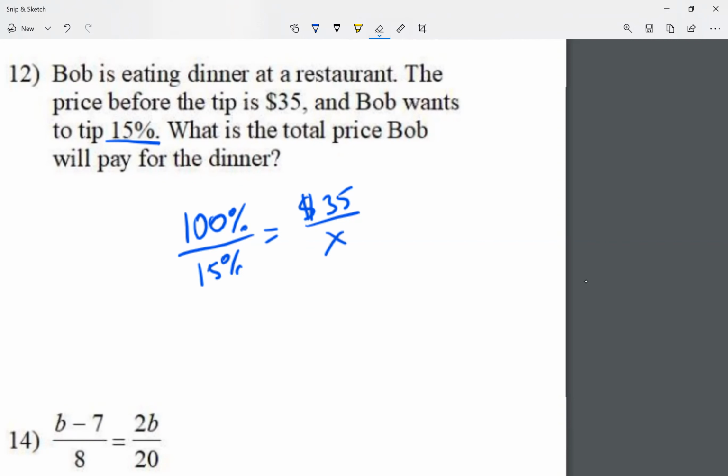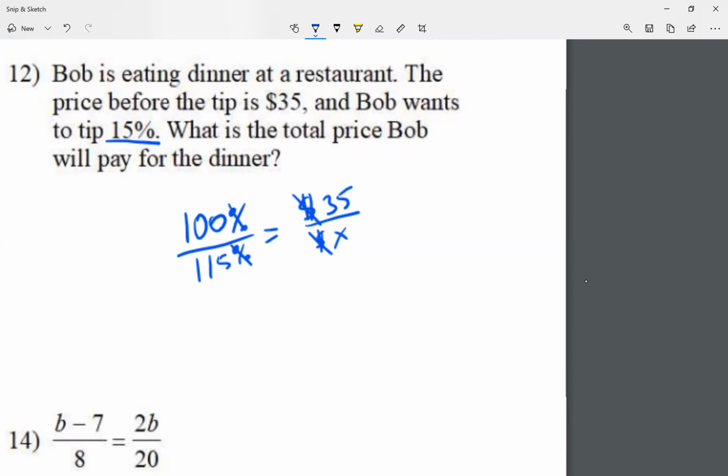But in my case, I'm not going to do that. In my case, I'm going to say 115% is equal to X dollars. Now, 115%, because remember, 100% is the $35 plus the 15%. Because I want to know how much he is paying total. So I'm just going to do 115%. Okay, so now let me cross multiply it. The percent symbols cancel out.